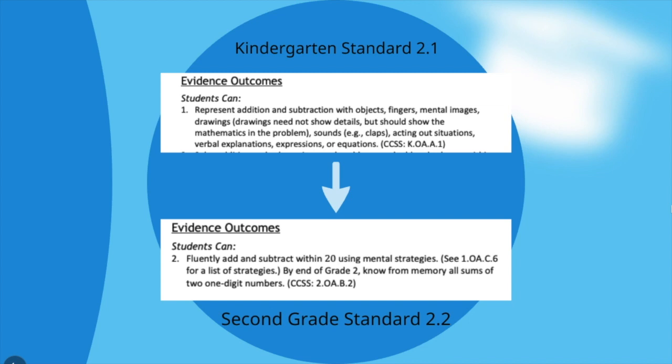You can see this build up through the grades until second grade, where they're expected to know these addition sums by the end of the year. You can build up to that using some of these ideas as well as others that I'll go over today as a foundation, just to get them going and feel confident as they move on.